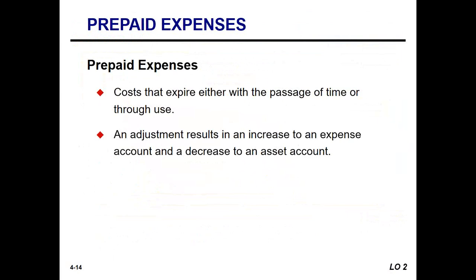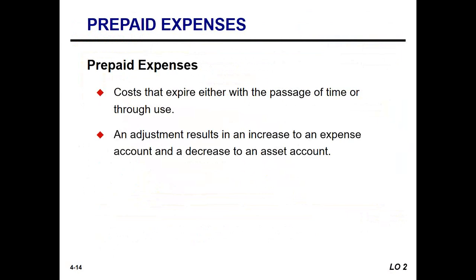Prepaid expenses are items that are used up with the passage of time or because we're using them. The insurance policy, it's the passage of time. Supplies, it's because we're using those items.